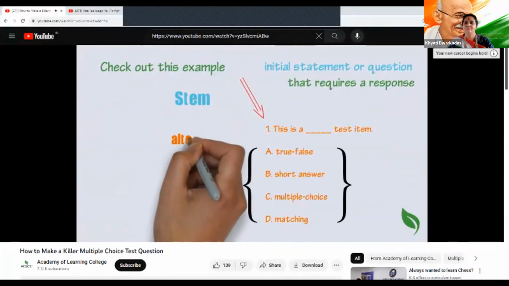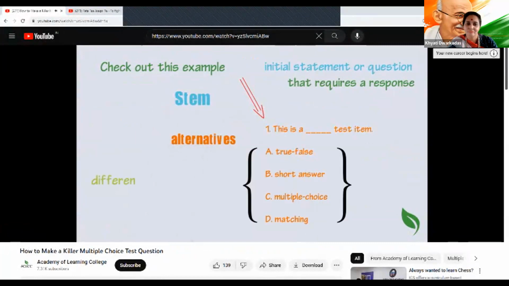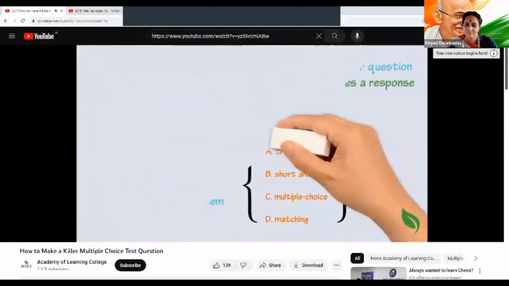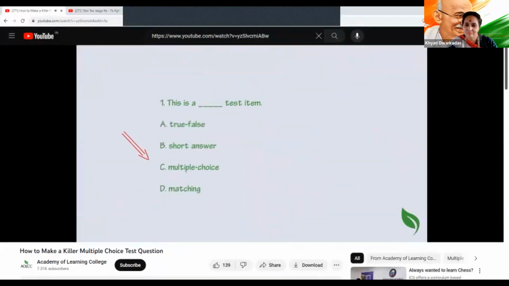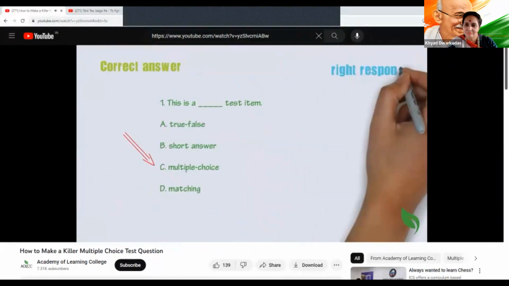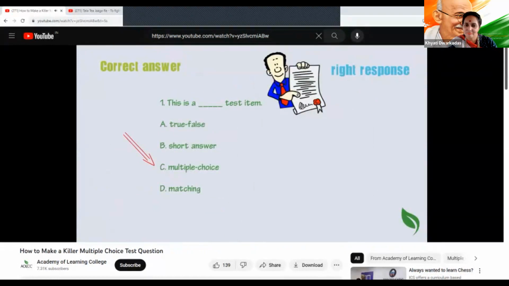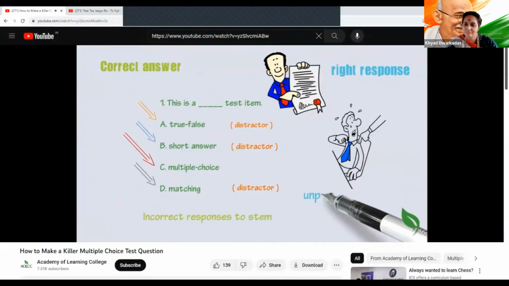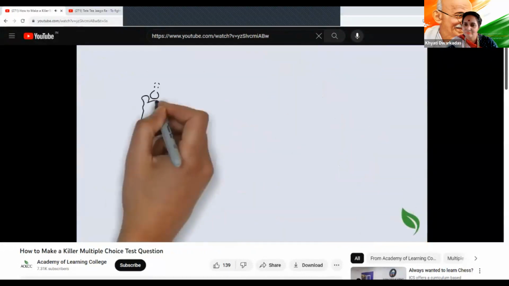These are called alternatives. They are the different response options to the stem. One of the alternatives is the correct answer. It's the right response to the stem. While the rest are called distractors. They are incorrect responses to the stem and serve to throw off the unprepared test taker.